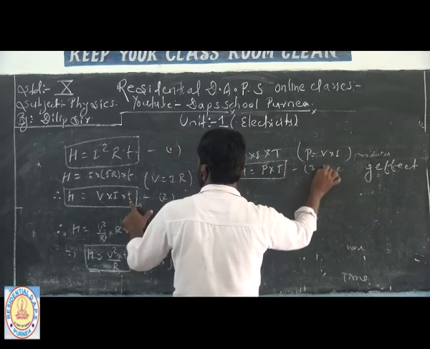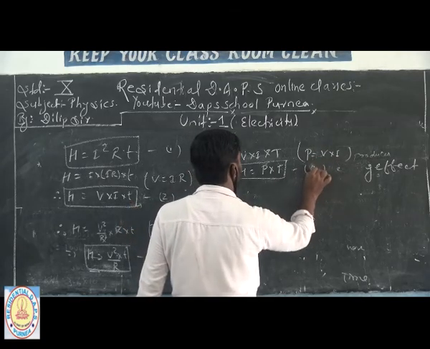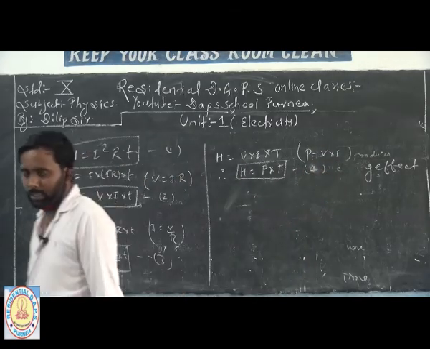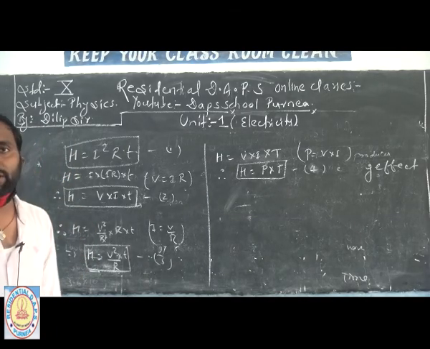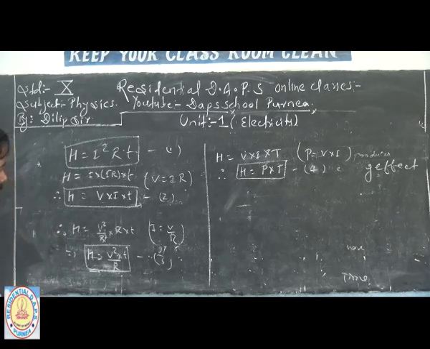This is the fourth. So these all are the formulas for finding the heat energy related to electrical appliances.